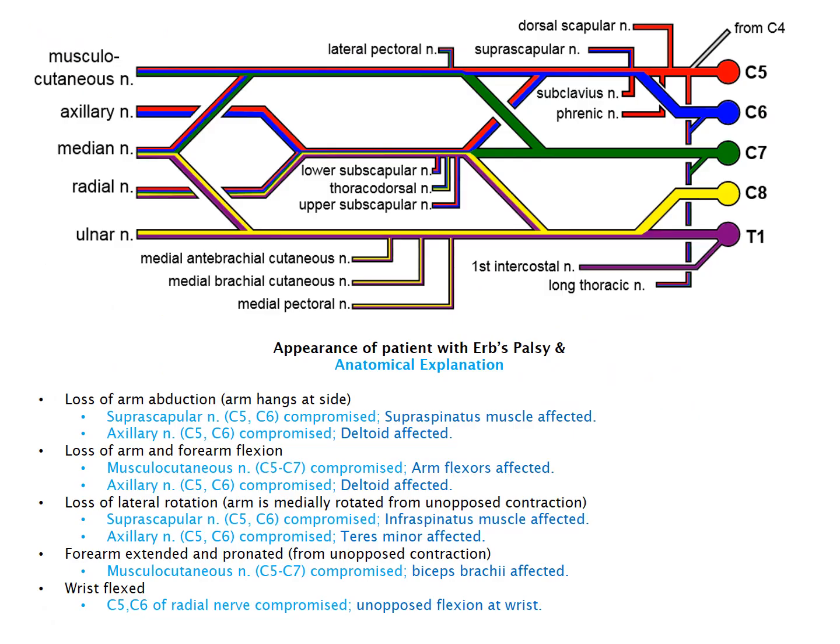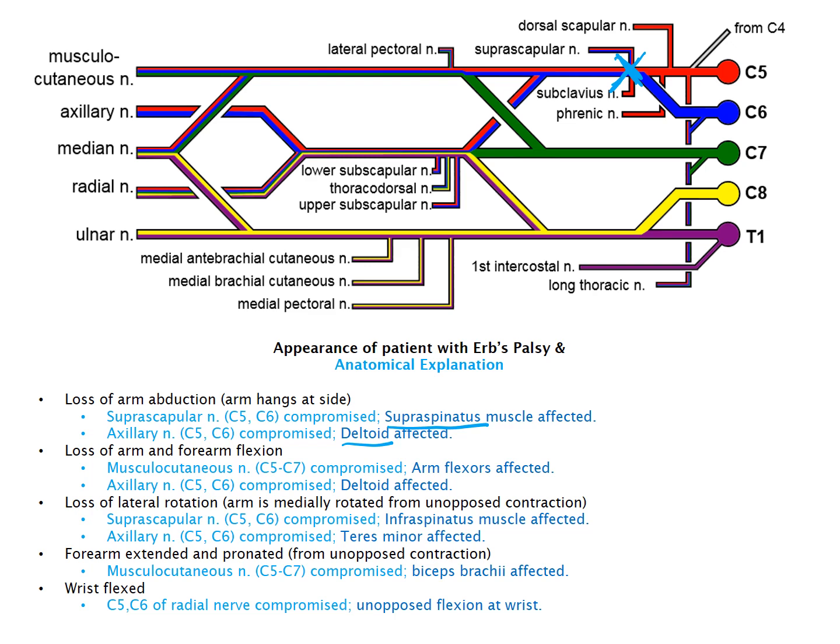Now let's take a moment to visualize how injury to the upper trunk of the brachial plexus, as shown here by the X, would result in the condition of Erb's palsy. In this condition, patients lose the ability to abduct their arm. As you might recall, the supraspinatus and deltoid muscles are both responsible for arm abduction. The supraspinatus will abduct the arm the first 10 to 15 degrees, and from there onward the deltoid takes over.